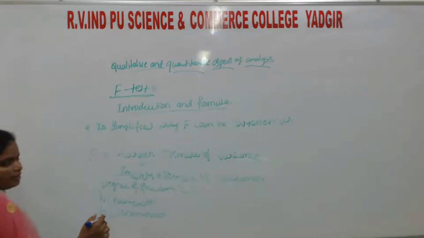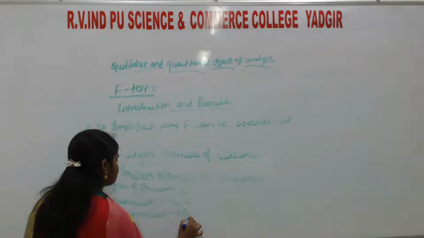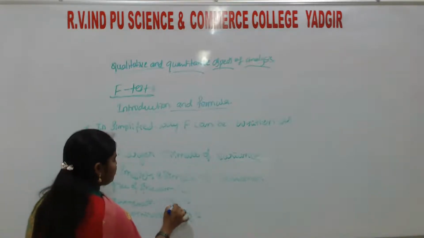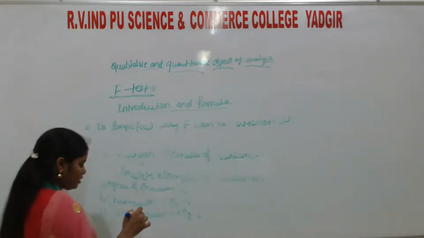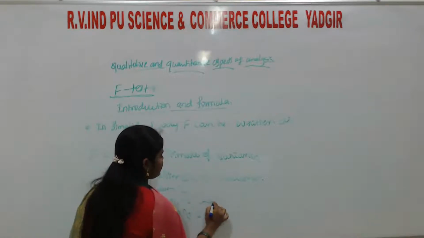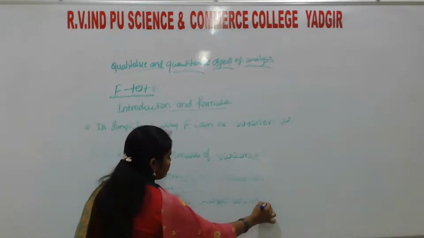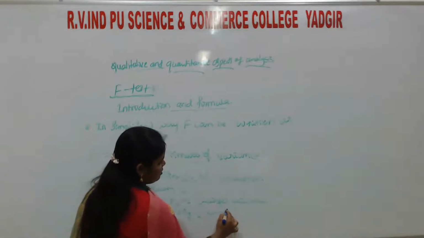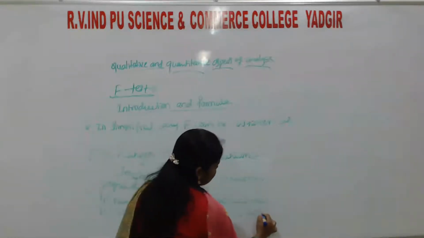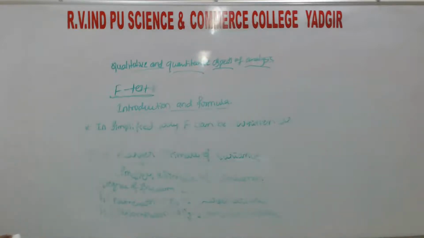Here the numerator is n1 minus 1, and the denominator is n2 minus 1. This is the larger variance, and this one is the smaller variance.